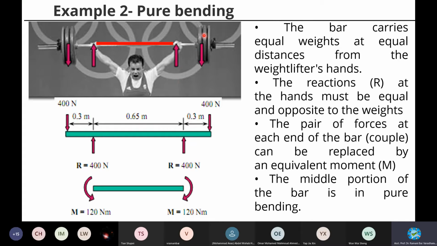So action and reaction, or vice versa. He lifts it up, applying an action. There is a reaction due to this weight, which is acting downward. You see the magnitudes 400, 400, and the points of these reactions are at 0.3 and 0.3, equidistant, 0.3 and 0.3 from both ends.